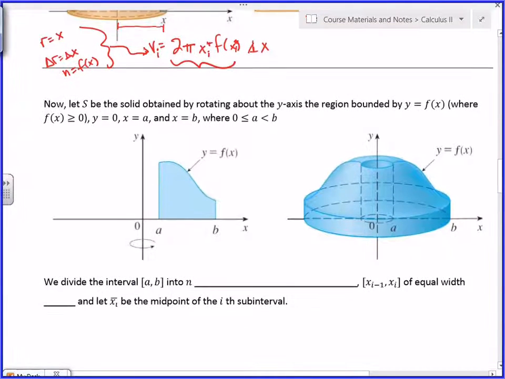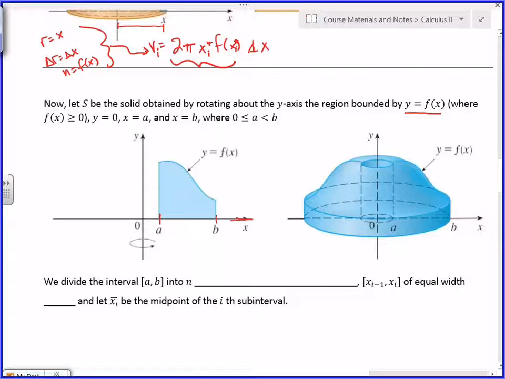Okay, so let's formally write this out now then. Let's say we've got a solid S that's obtained by rotating about the y-axis some region bounded by y equals f of x. And we are assuming, by the way, f of x is positive here. Bounded by y equals 0, so the x-axis, over the range from a to b.